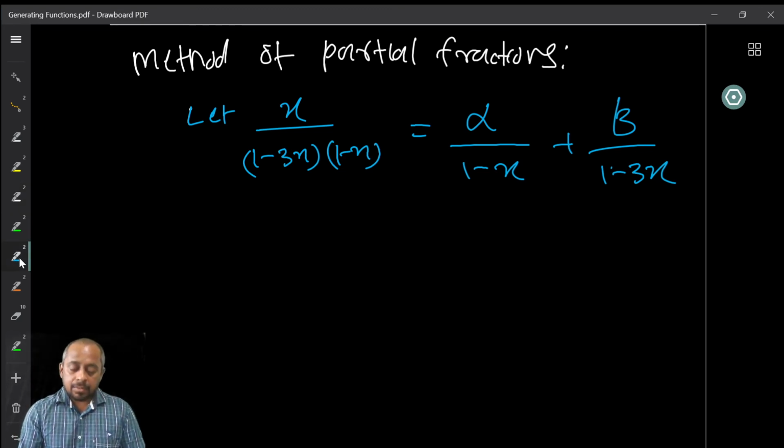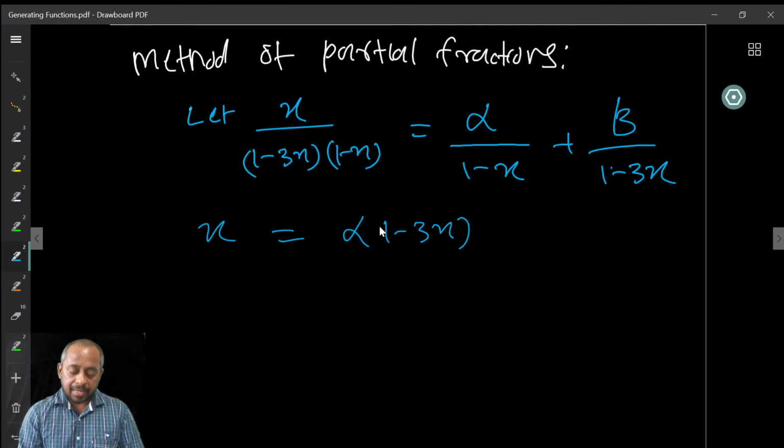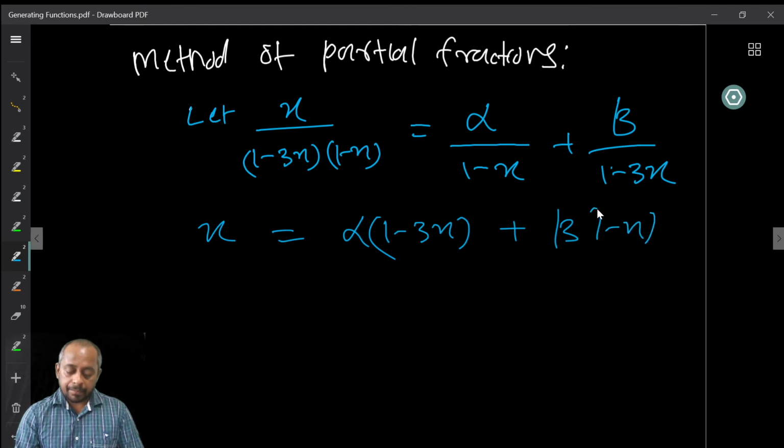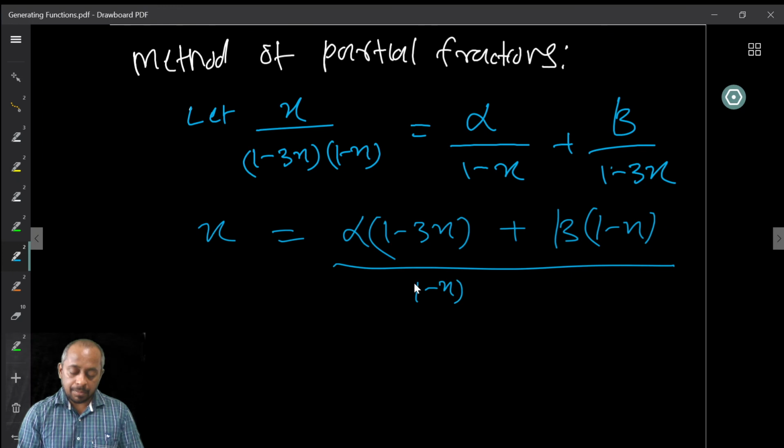Then you cross multiply, so you will get x is equal to alpha into 1 minus 3x plus beta into 1 minus x, divided by 1 minus x into 1 minus 3x.